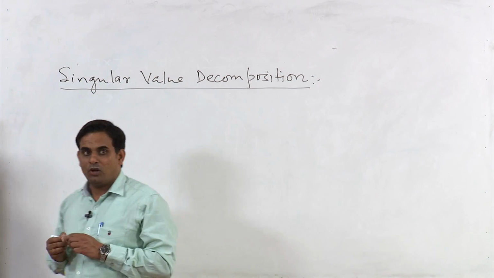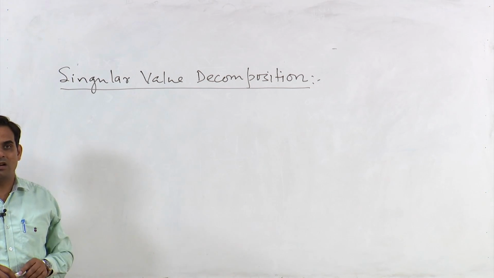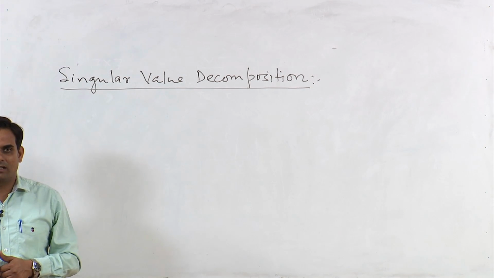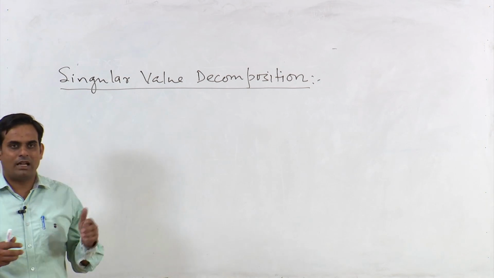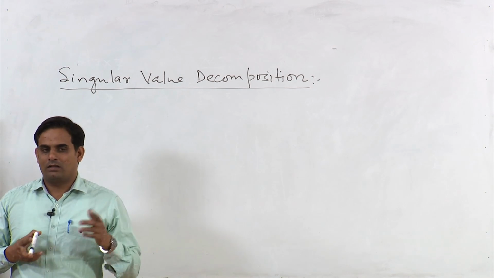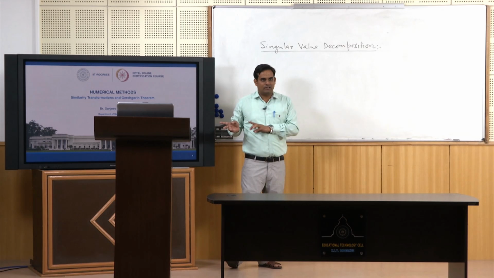It is different from previous examples because this decomposition holds for rectangular matrices also, not like Jordan canonical form or Schur's decomposition theorem, which is applicable only to square matrices.